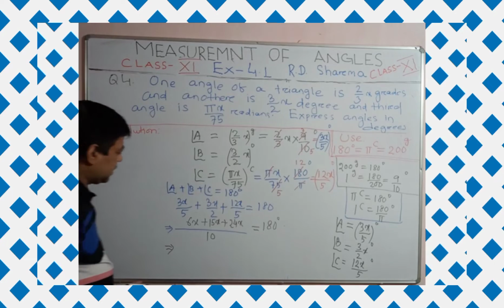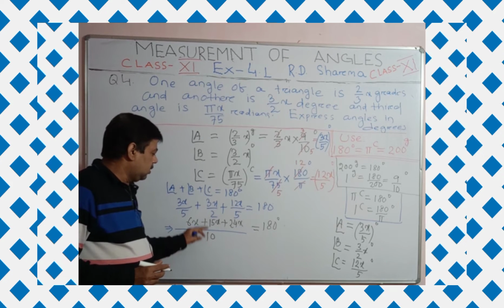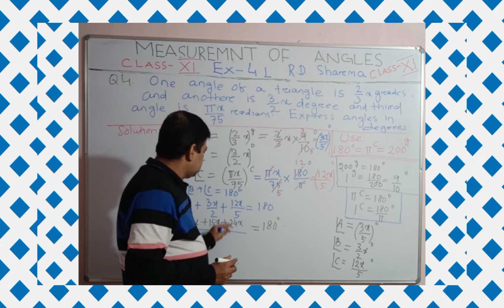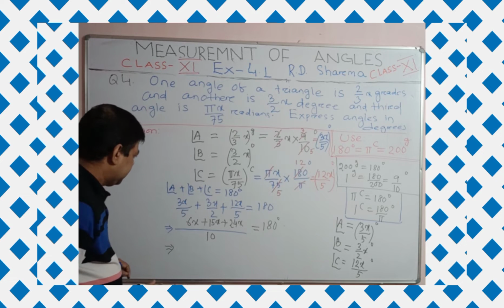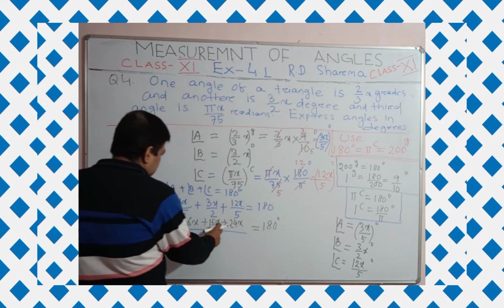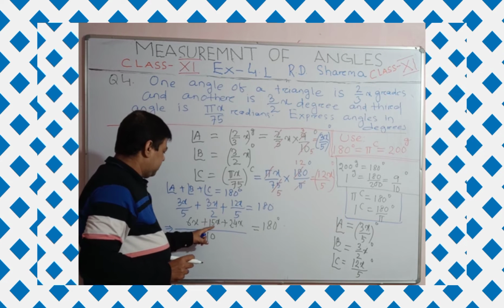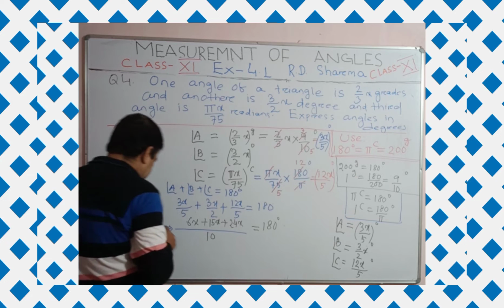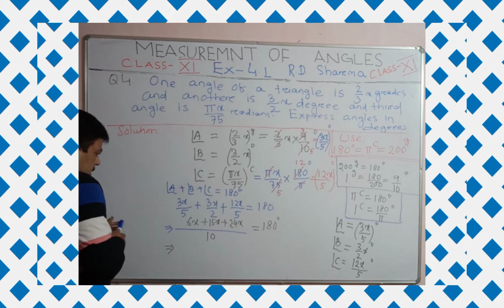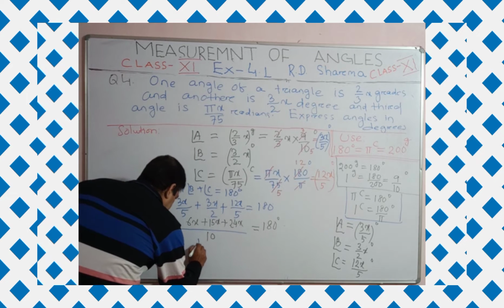Is it clear? See, once again check. 10 upon 5 is 2, 2 times 3 is 6x. 10 upon 2 is 5, 5 times 3 is 15x. 10 upon 5 is 2, 2 times 12 is 24x. So you see now, add here: 6x plus 15x plus 24x. 6 plus 5, 11. 11 plus 4, how much? 15.